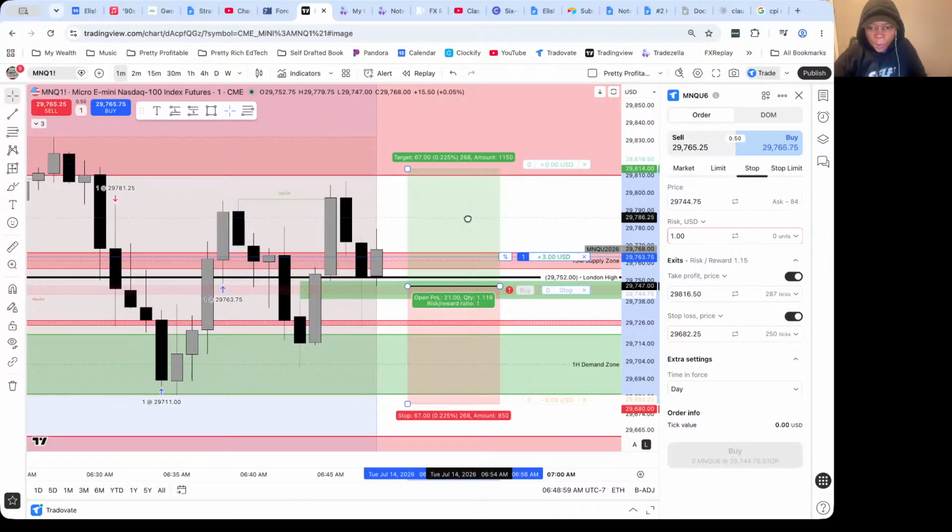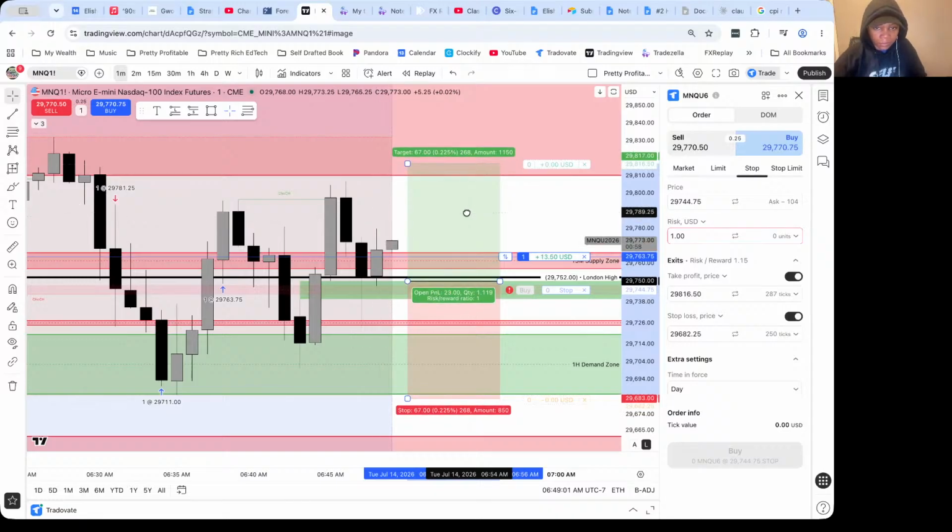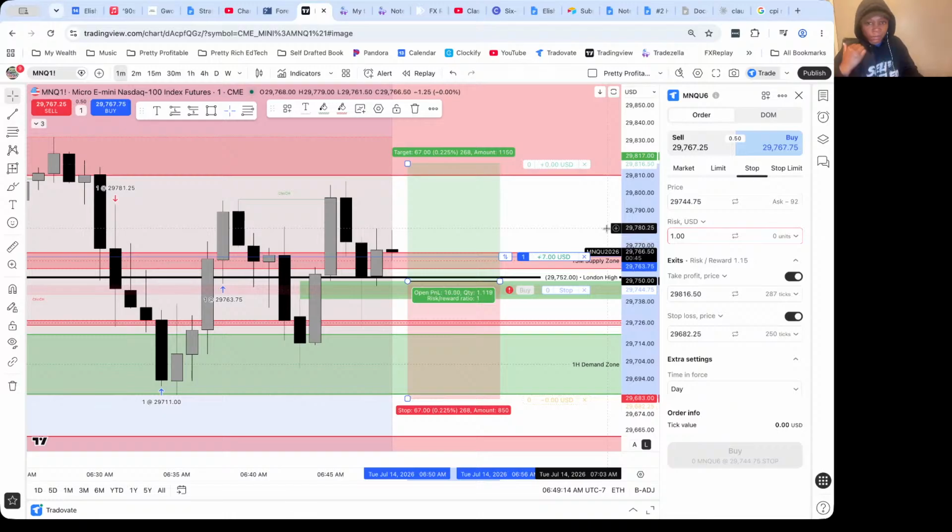I'm doing my best to hold this trade, but I just don't like that I'm manually having to do it versus hit my TP, I'm out, or hit my stop loss, I'm out. The management of it is interesting.